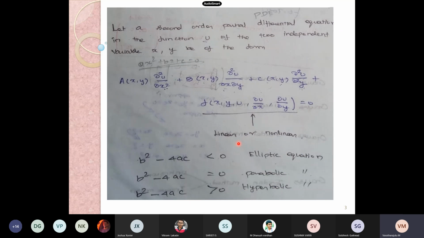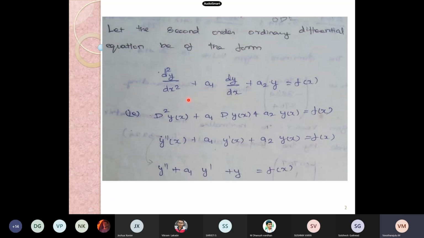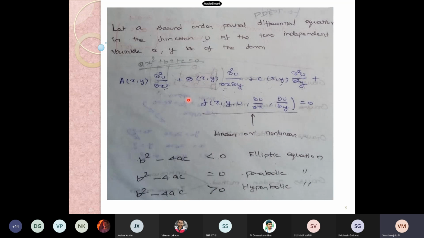Now let the second order partial differential equation be a function u of the two independent variables x and y, in the form of, see, the previous was the ordinary differential equation, and now we are concerned with the partial differential equation.